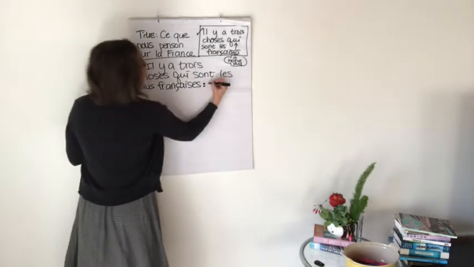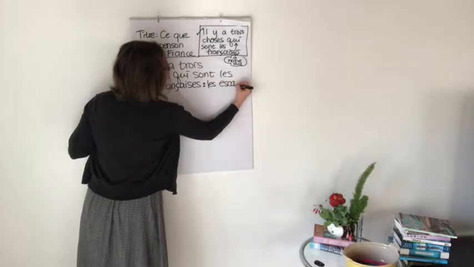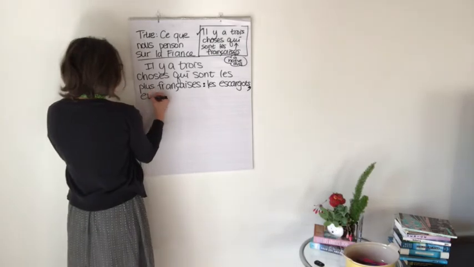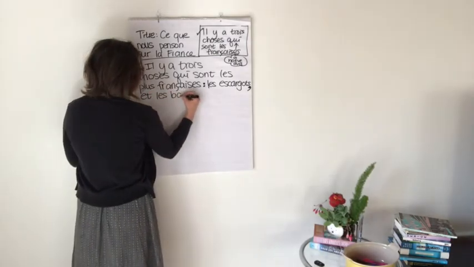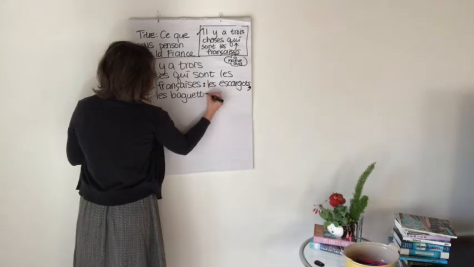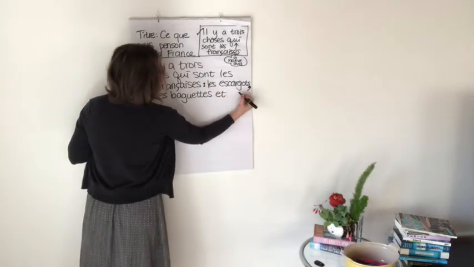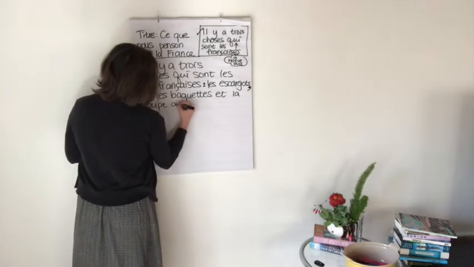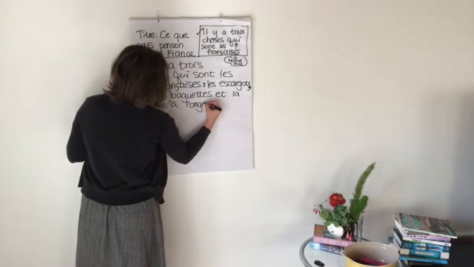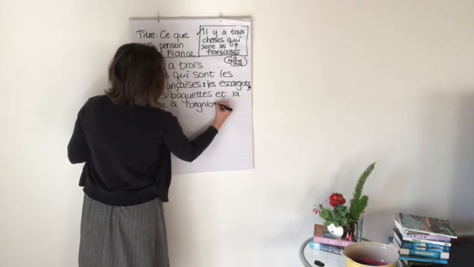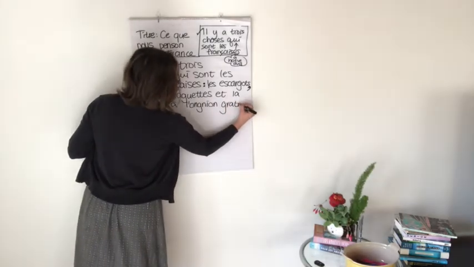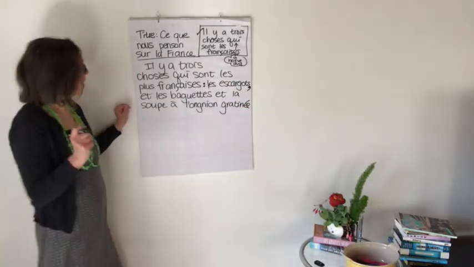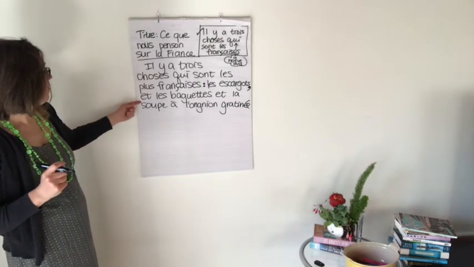Deux points. Les escargots, virgule, et les baguettes, et I forgot what else I said. Oh, la soupe à l'oignon gratinée. I misspelled that. Il y a 3 choses qui sont les plus françaises.